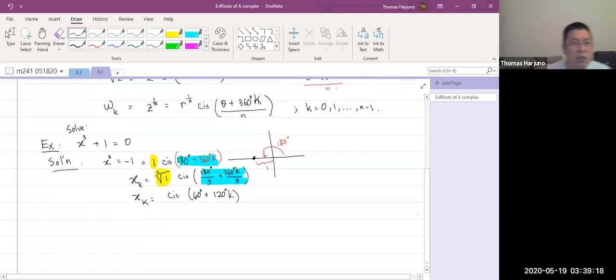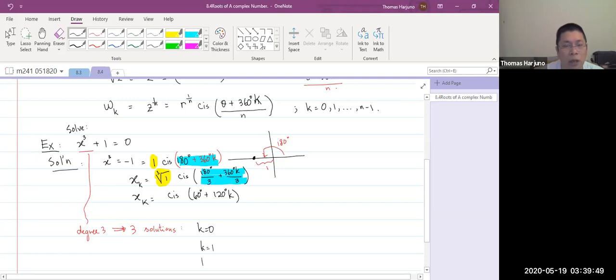Now, because this is a polynomial of degree 3, there has to be 3 solutions. Degree 3 implies there are 3 solutions. Where are those 3 solutions coming from? From the k: when k equals 0, when k equals 1, when k equals 2.